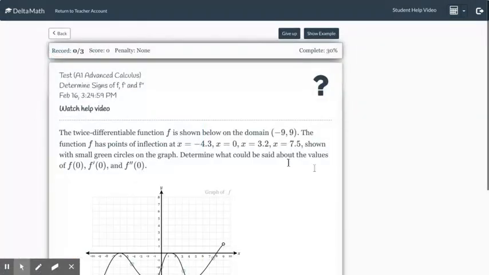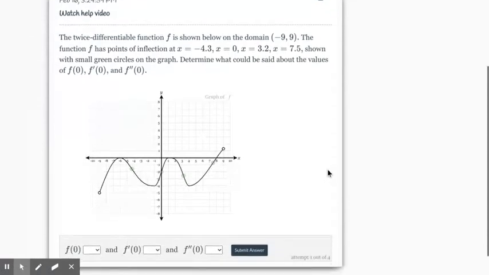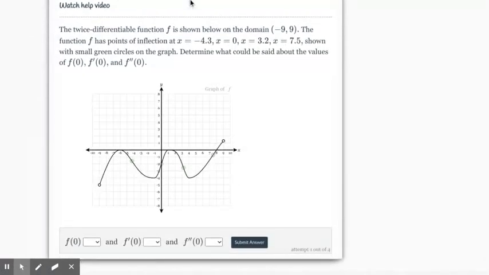Determining signs of f, f prime, and f double prime. So here I have, let's see, this is a graph of f. I have to figure out whether f of 0, f prime of 0, and f double prime of 0 are positive, negative, or equal to 0. So remember, I've got the graph of f.